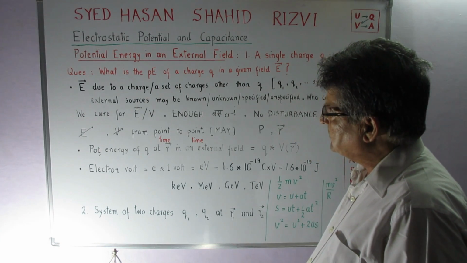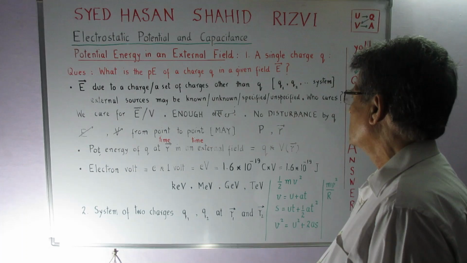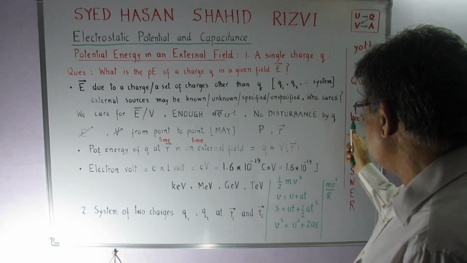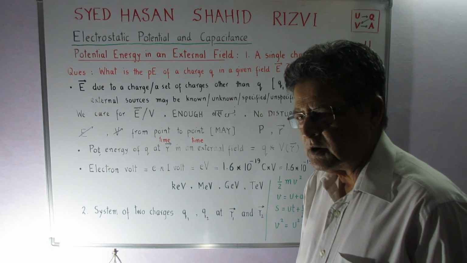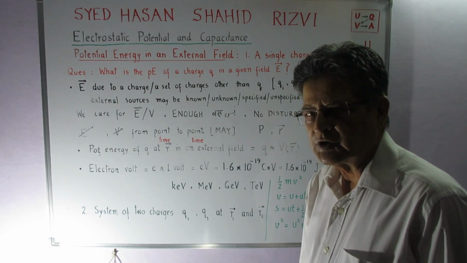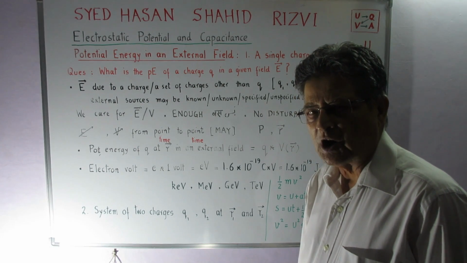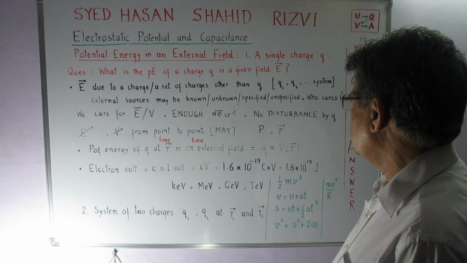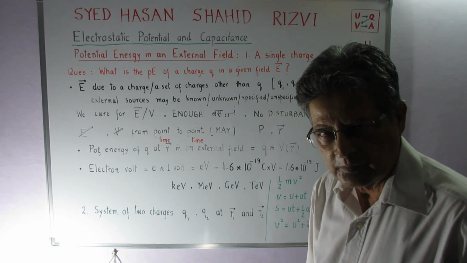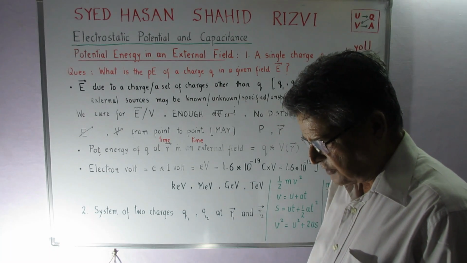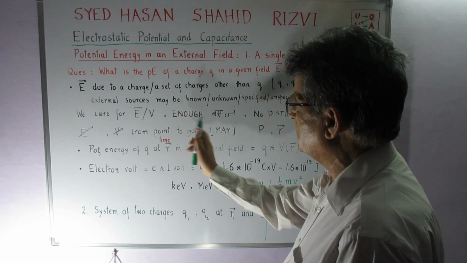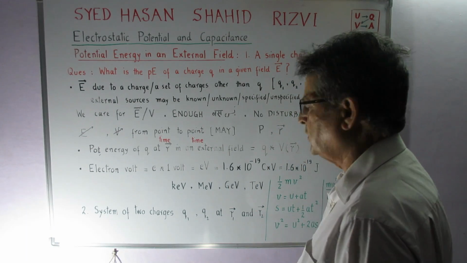So how does this become enough? It is because we have to bear in mind that our charge under consideration, small q, is not going to cause any disturbance at all, either in the configuration or in the values of E, V, etc. They are not going to be disturbed at all by q.